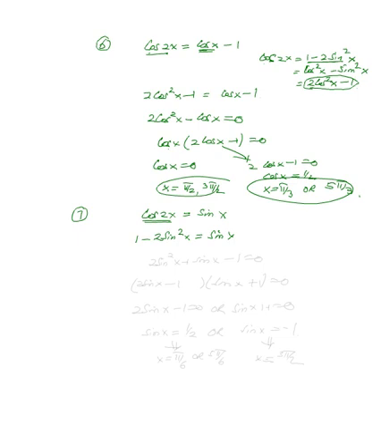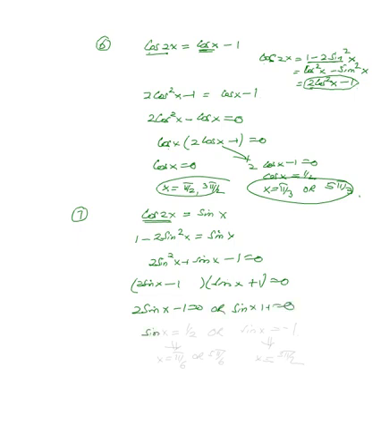So if I manipulate algebraically, I will have 2 sine square of x plus sine x minus 1 equals 0, and we can easily factor this as 2 sine x minus 1 times sine x plus 1 equals 0. So that will give us 2 sine x minus 1 is 0, or sine x plus 1 is 0.